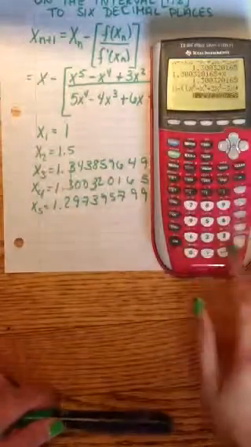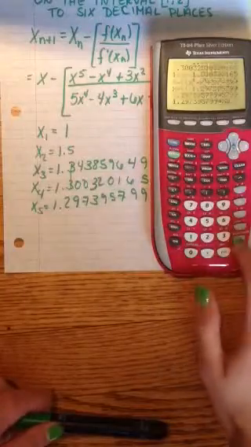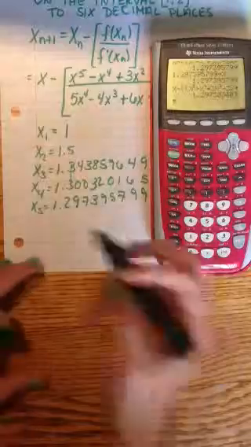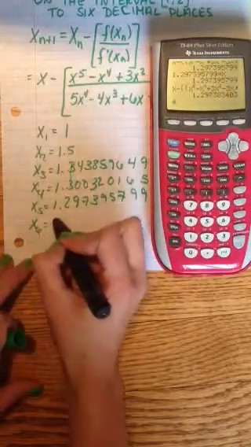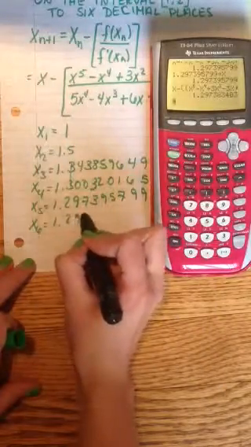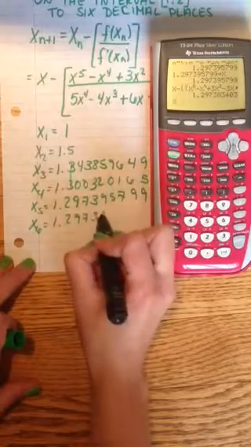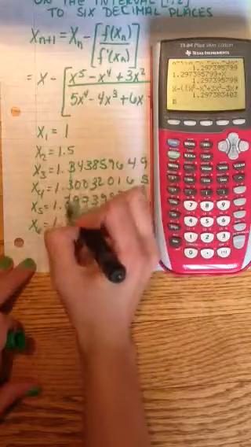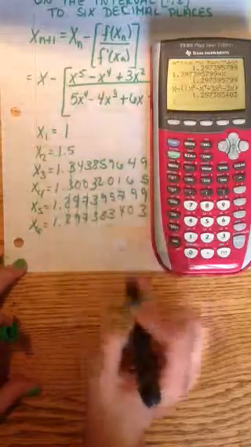Now we store this. And we get our x6 is 1.2973833403. So now we have 1, 2, 3, 4 decimal places.